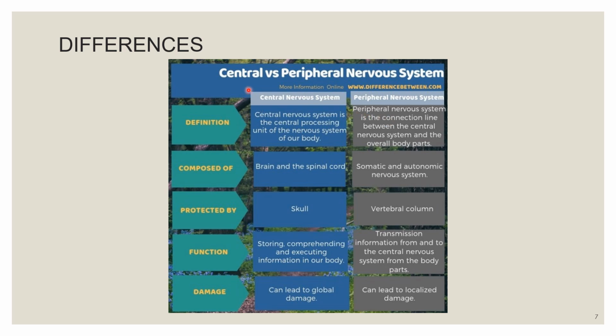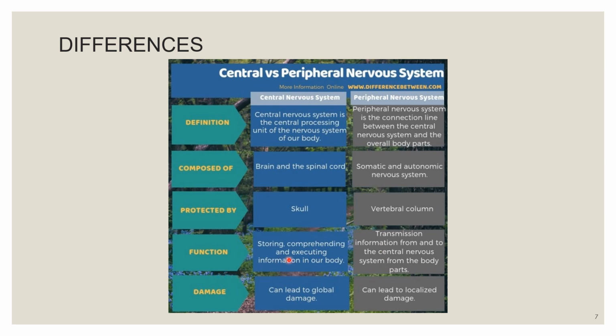What is the difference between central and peripheral nervous system? The central nervous system is the central processing unit of the nervous system of the body, whereas the peripheral nervous system is the connection line between the central nervous system and overall body parts. The CNS is composed of brain and spinal cord, whereas PNS is composed of somatic and autonomic nervous system. The CNS is protected by skull and PNS is protected by vertebral column.